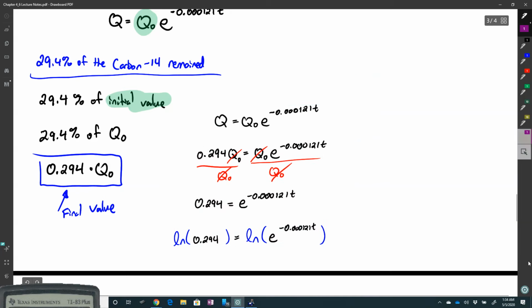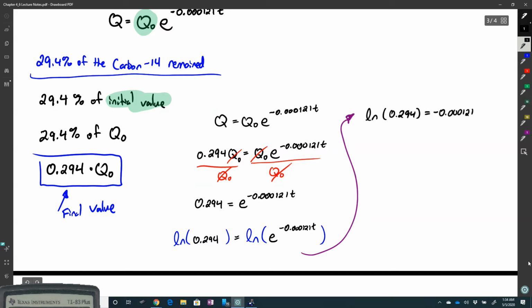So you have ln of 0.294 equals, that comes to the front, 0.000121t ln of e. But like before, the ln of e cancels out. So you got ln of 0.294 equals negative 0.000121t, and so you would divide by that small number.